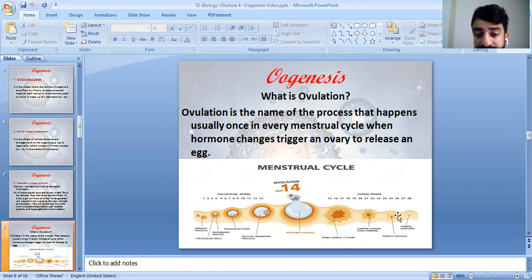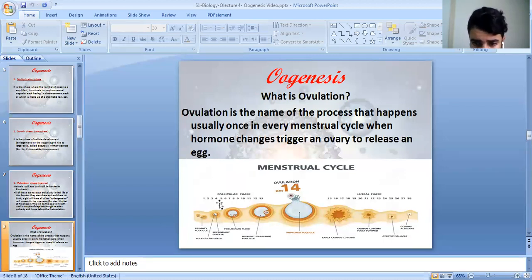So ovulation is the name of the process that happens usually in every menstrual cycle in females. Males, you are not related to this. It usually occurs when hormonal changes trigger the ovary to release the egg cell. The release of the egg cell at day 14 of the menstrual cycle is referred to as ovulation.